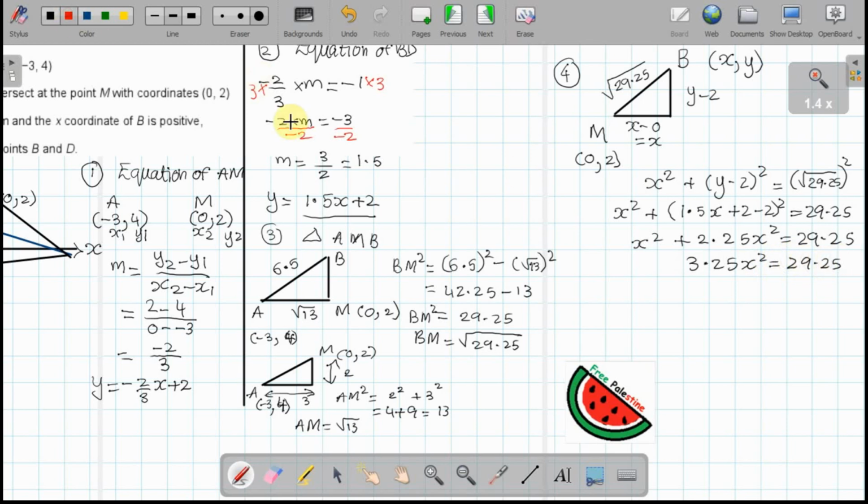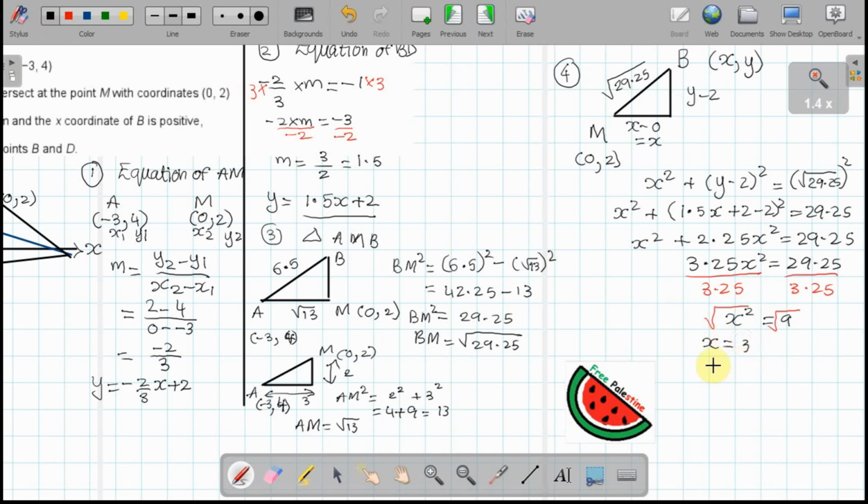Then I divide both sides by 3.25, which gives me 9. So x squared is 9. And then finally I square root both sides. So that gives me the x value is 3.